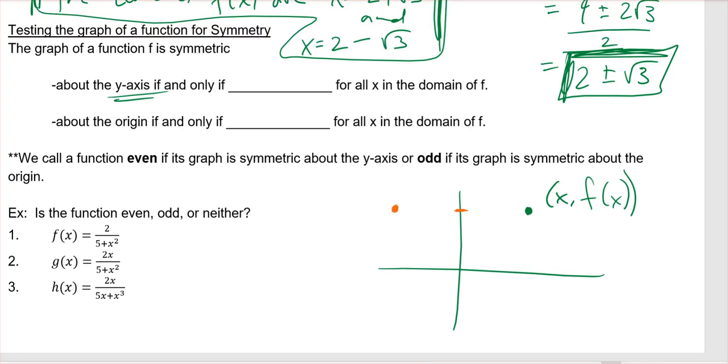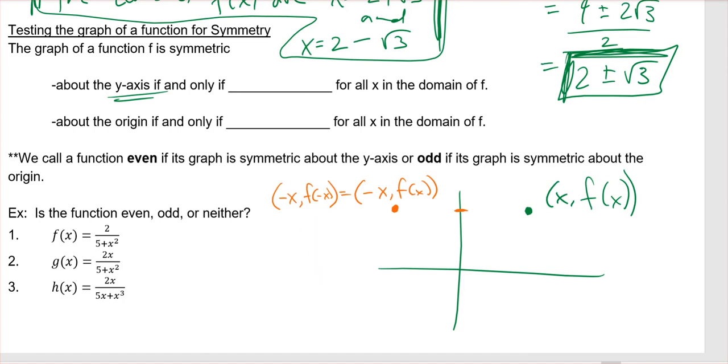They're going to have the same y coordinate, f of x, but the x coordinate is going to be different, negative x comma f of x. Those two are the same because this is the general notation.